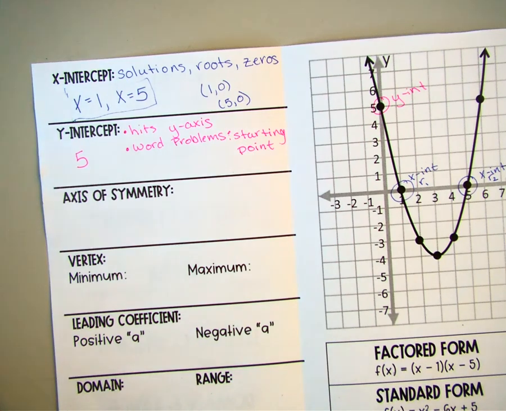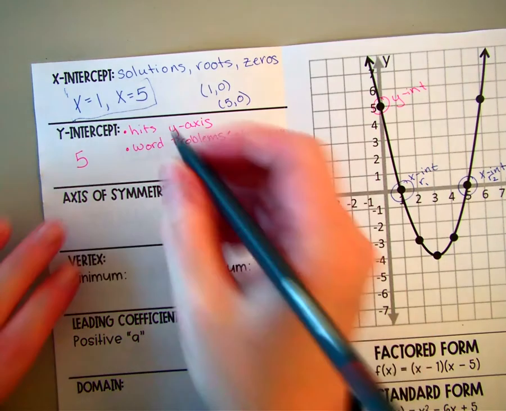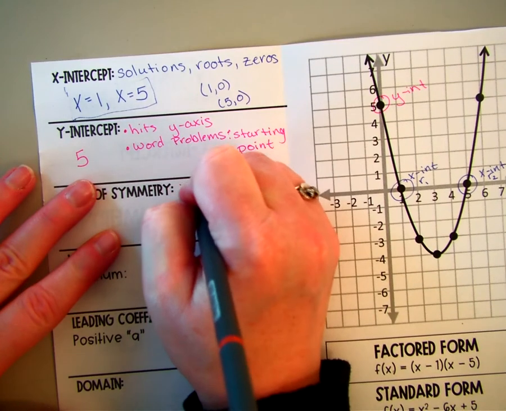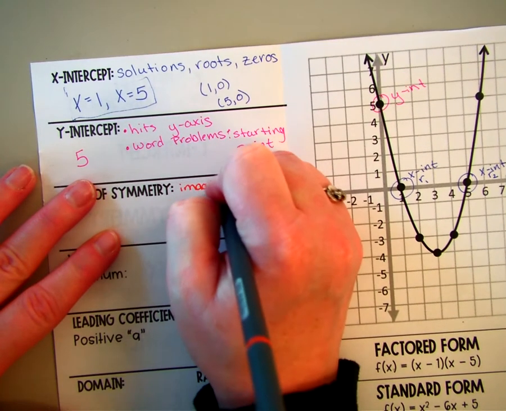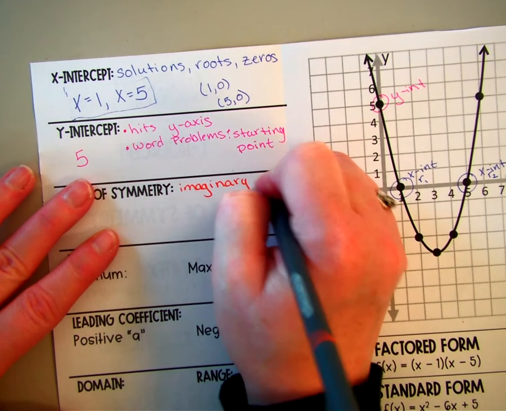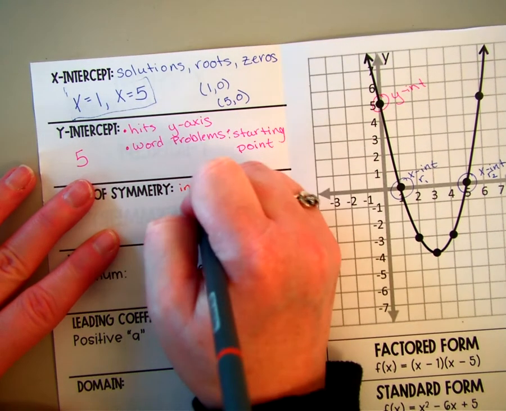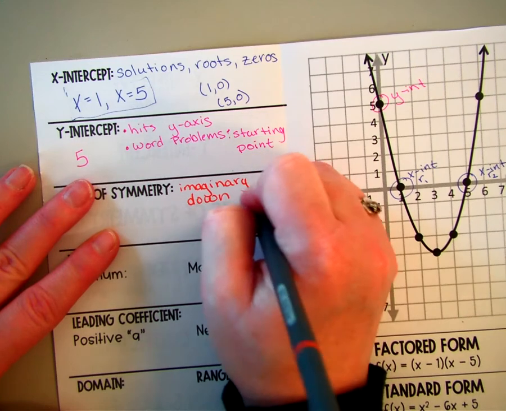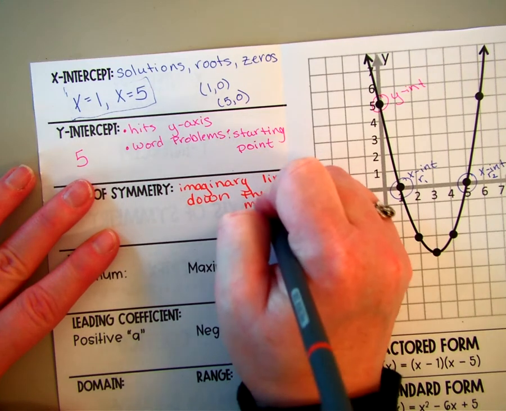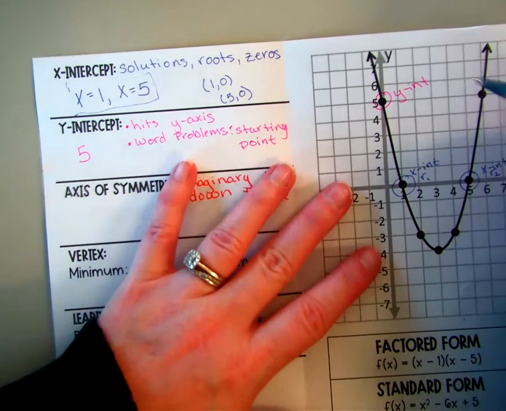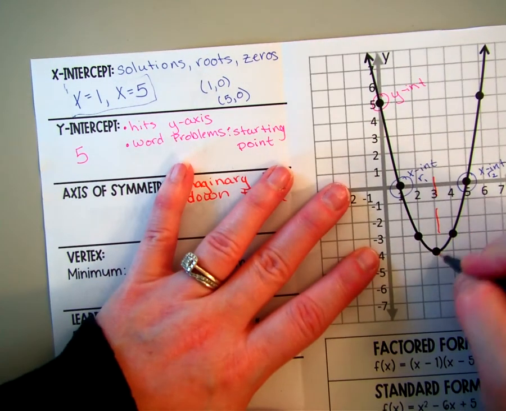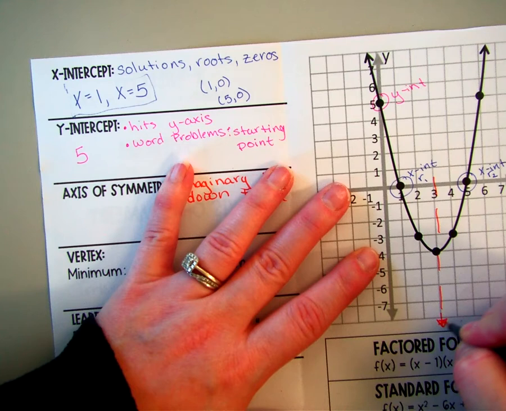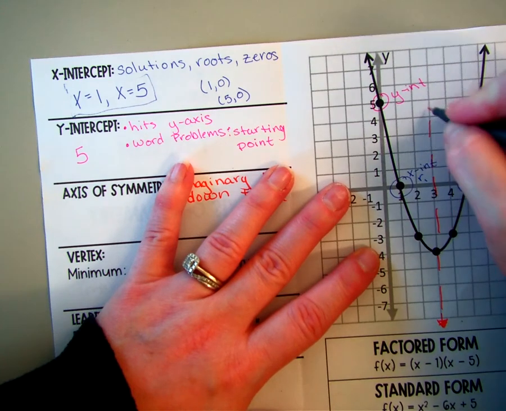So next up, we have our axis of symmetry. So that is our imaginary line down the middle. So when we draw that in, we always draw it in as a dotted line because it is imaginary.